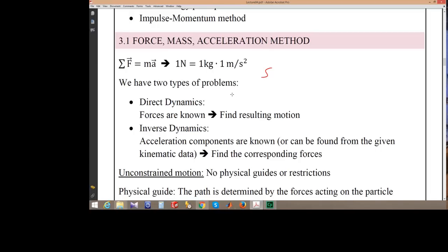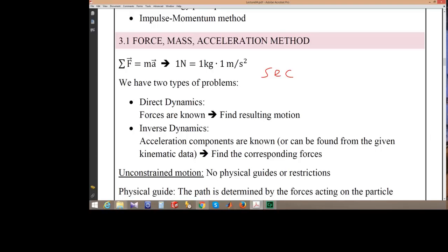We use S for SI units. N is capital because it's the guy's name, Newton. Kilogram and meter and seconds are not any guy's name, so they are in small caps.